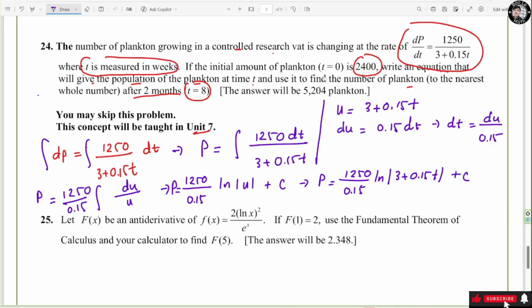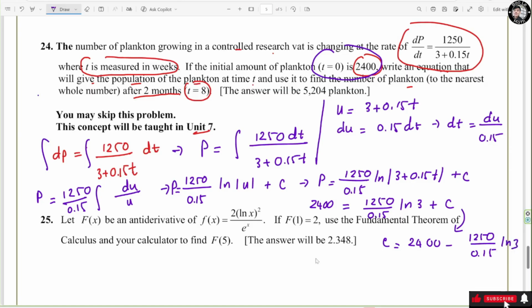Now we're going to use the initial condition right here to solve for C, right? So we have P right here equals 2400, right? So 2400 equals 1250 divided by 0.15 ln of 3 plus C, right? C equals 2400 subtract 1250 divided by 0.15 ln 3, right?